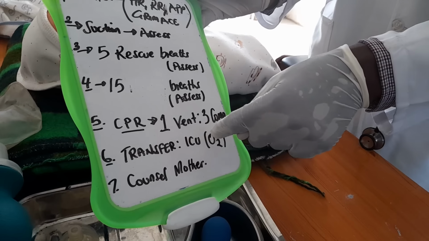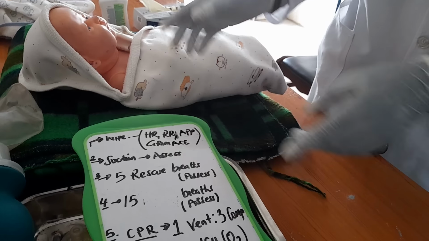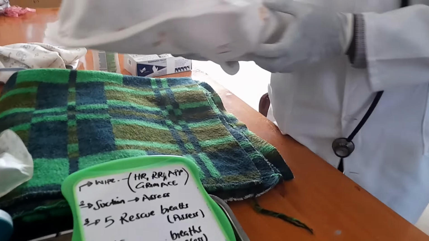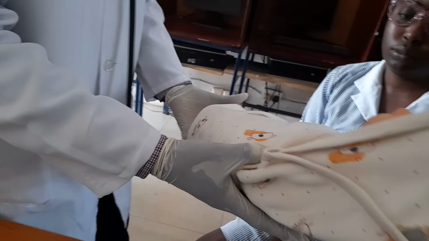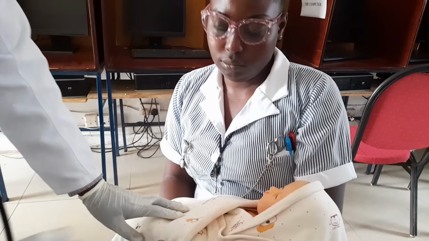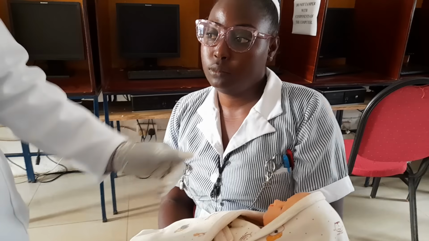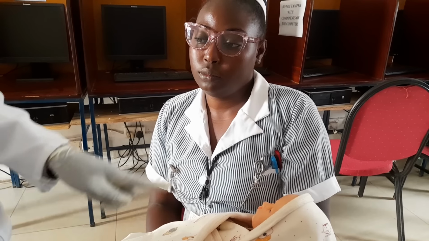You give the baby to the mother and tell the mother to perform kangaroo care. So there are those scenarios which can occur. If the examiner says the baby has cried, at the point of transfer to ICU you shall not take the baby to ICU, but you give the baby to the mother to perform kangaroo care. Those are different scenarios.